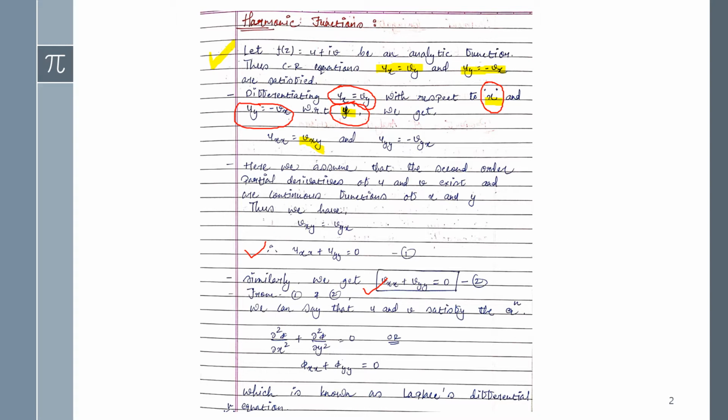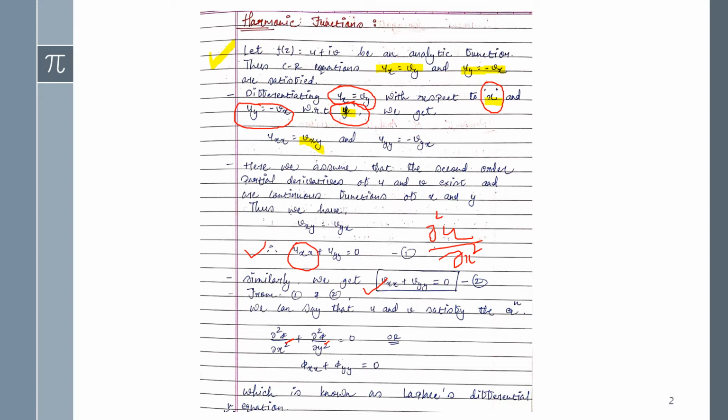So thus we can say that the equation uxx, in short, we can write del square u upon del x square plus del square u upon del y square equals 0. This comes up in the 5th or 6th semester, because in all mechanical branches you will learn fluid mechanics with this same function, and this equation is known as the Laplace differential equation.